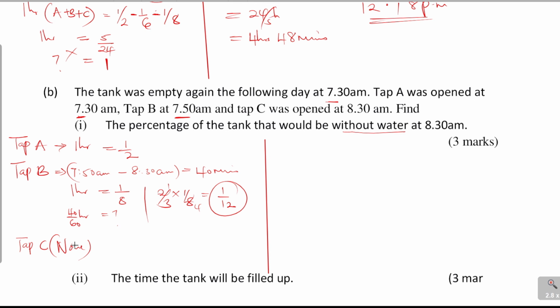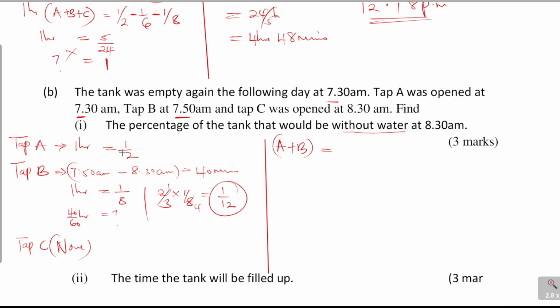So definitely we'll consider tabs A and B. You need to be very keen about that. So A plus B, tabs A and B alone. Now, not in 1 hour, but now we are getting the fraction.